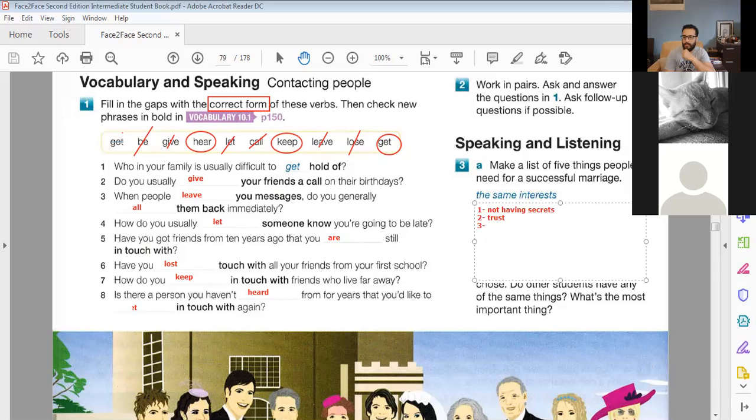I think they should know everything about each other, their history, maybe. Okay, so we could say knowledge about each other's past. Yeah. Knowledge about each other's past. Okay. Can you think of anything else?